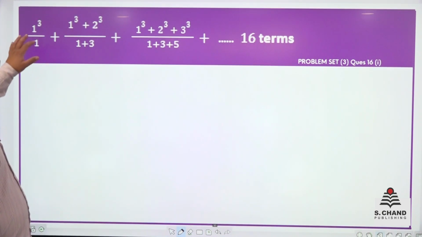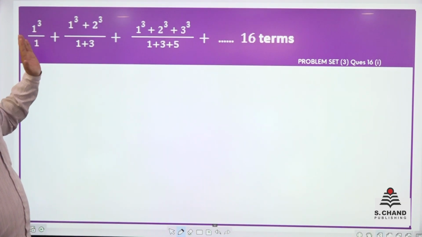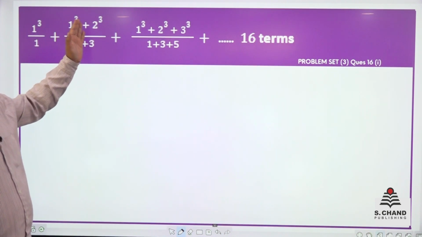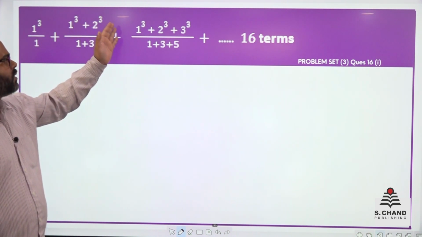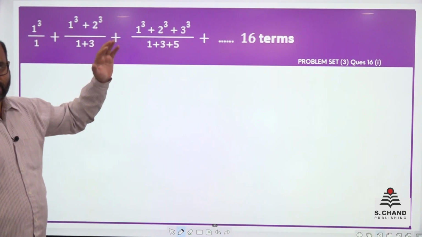So as you can see, the numerator is the cube of the natural numbers: for the first term it is the cube of the first natural number, for the second it is the cubes of the first and second natural numbers. Similarly, in the denominator, 1, then 1 plus 3, then 1 plus 3 plus 5.